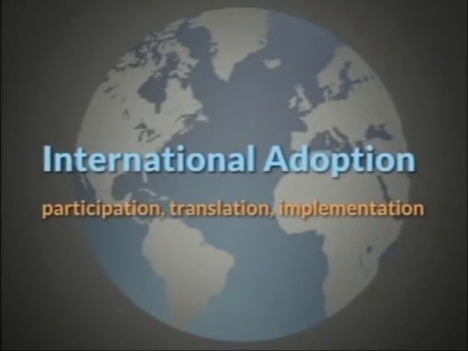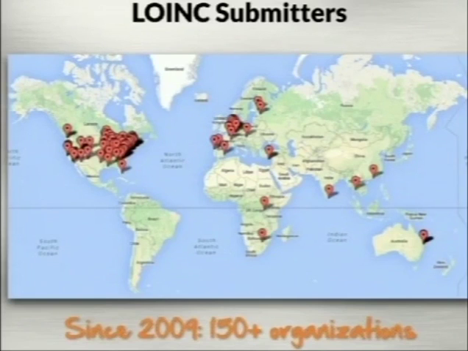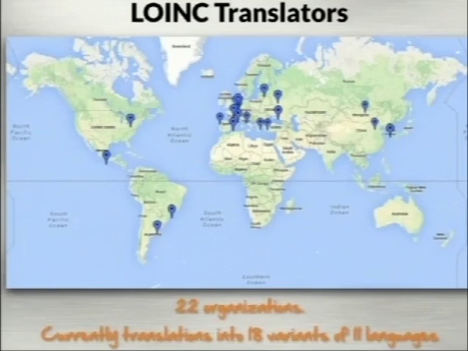So real quick, I'm going to share some highlights about how LOINC is being picked up and used around the world. We have contributions from a number of different people. Over 150 organizations in the last few years have made requests for new LOINC terms. We're really excited about the growth in translation. I'm glad to have representatives from Italy here, and Canada as well.